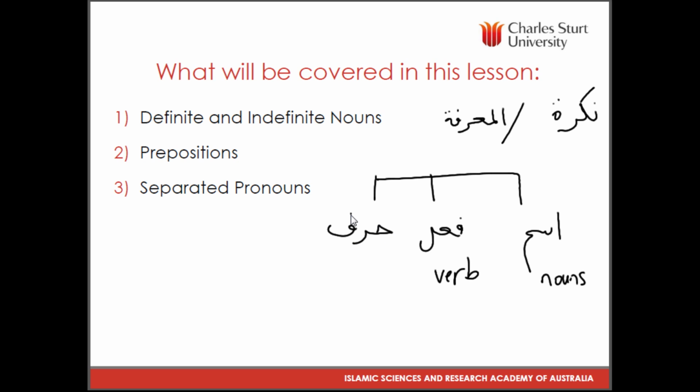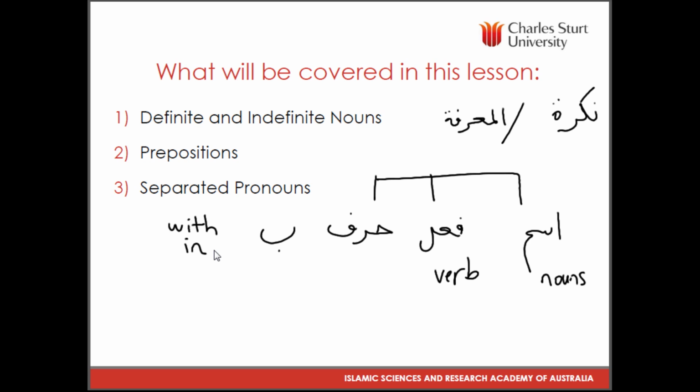So when we say harf, we mean prepositions, a word that does not have any meaning without connecting or joining to something else. They need to join to something else to really make a meaning. For example, remember, be itself in Arabic is a harf, and it means with or in, isn't it?